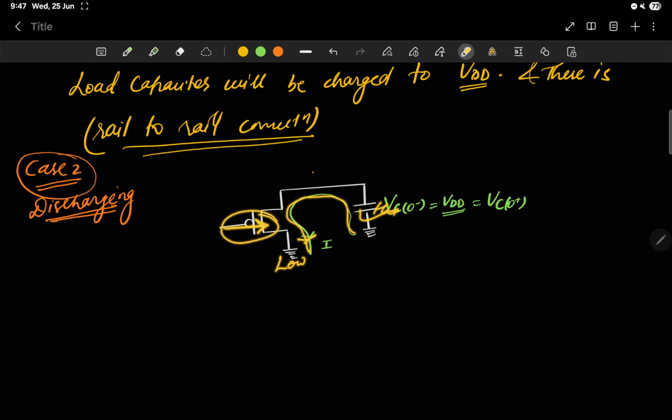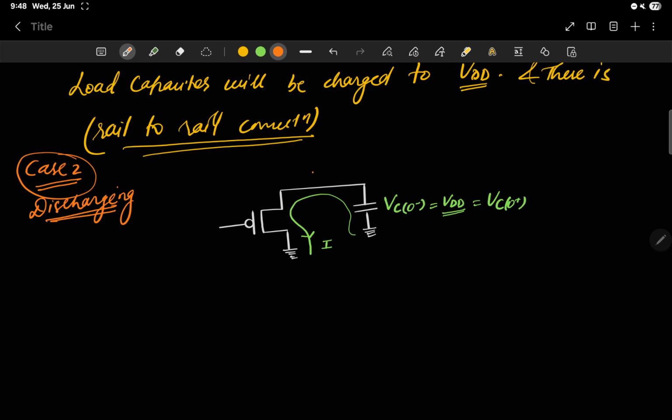For this PMOS to be on, we again come to the boundary condition on VSG. In NMOS we have studied VGS, so you only have to remember one thing and the rest will be opposite.